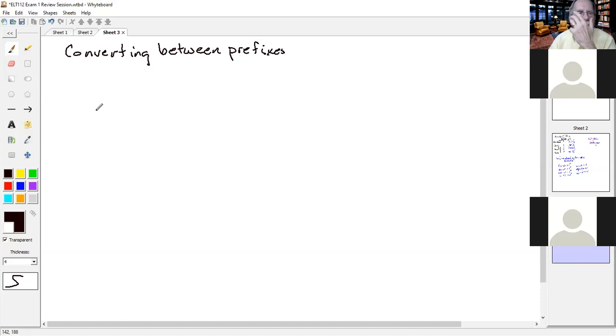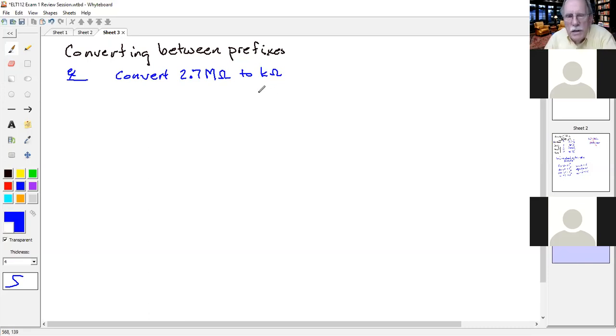All right, so let's say, for example, we wanted to do a problem that was: convert 2.7 megohms to k ohms.